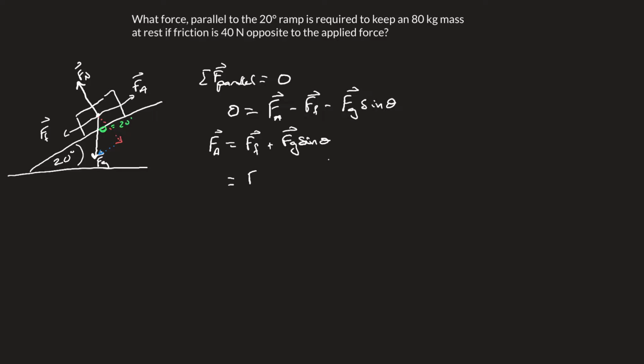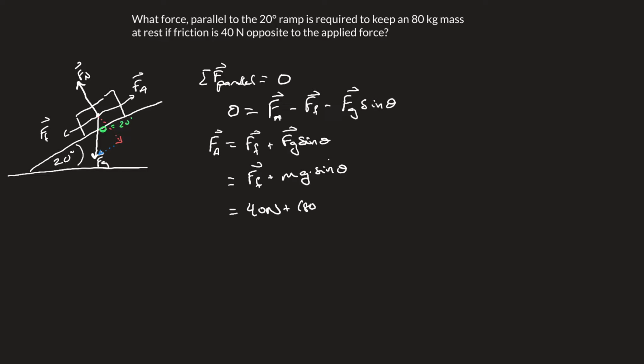And then I can start to substitute in things that I know. I'm just going to break down this Fg a little bit more. So we know that Fg is mass times force of gravity, and then we have our sine of the angle. So the force of friction given to us in the question, 40 newtons. The mass also given, 80 kilograms.